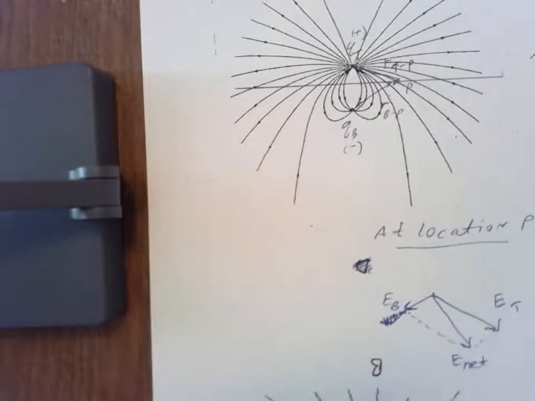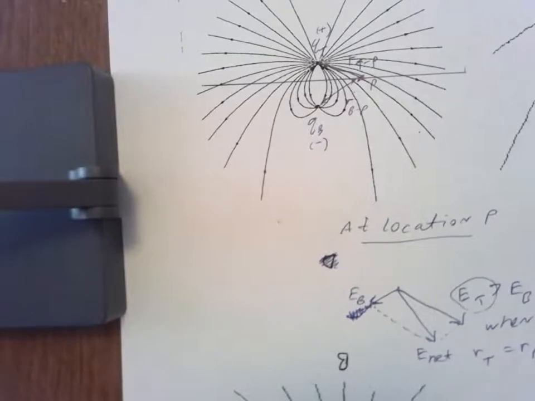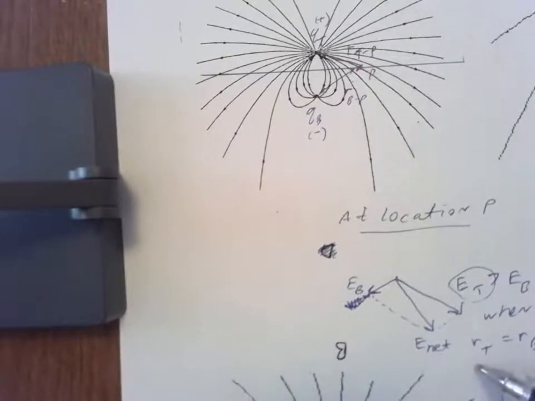But the point, so we're not going to go through the parallelogram right now, but the point is that we've just proved that E of the top charge is greater than E of the bottom charge when the distance from the top charge equals the distance from the bottom charge.